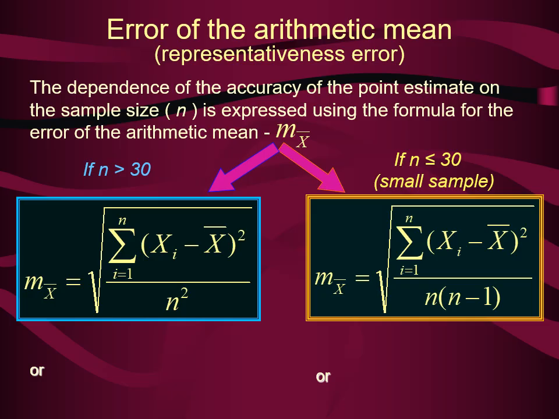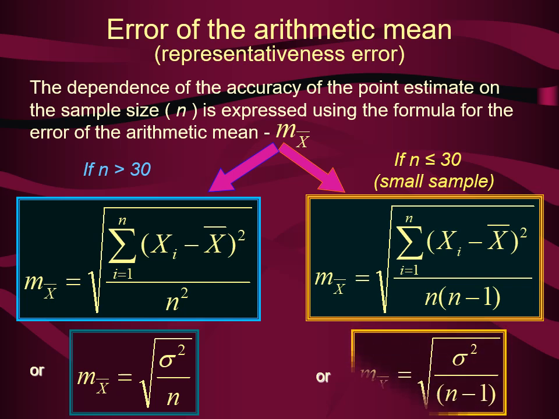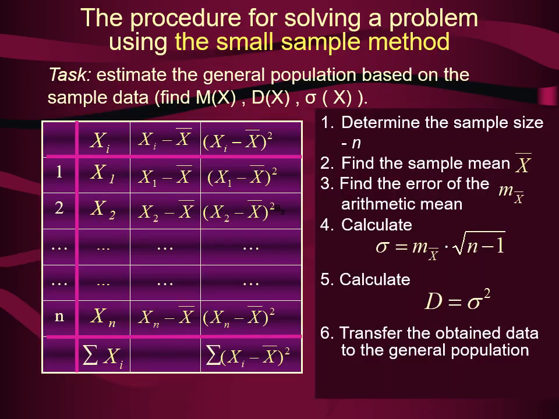So by adding up all the values of the fourth column, you get a ready-made numerator for the formula that finds the error of the arithmetic mean for a small sample. It remains to divide by the product of n by n-1, and after the root is taken, the error of the arithmetic mean will be determined.